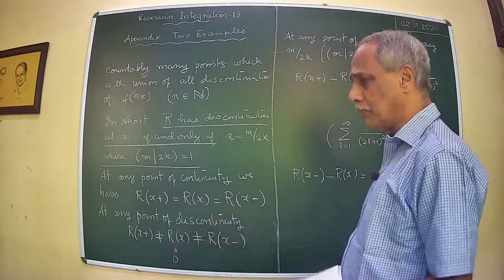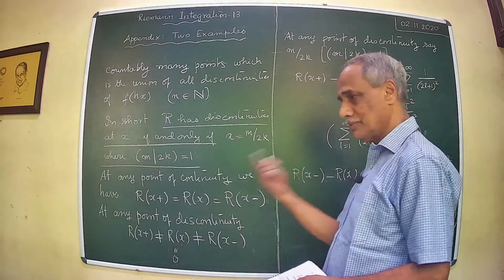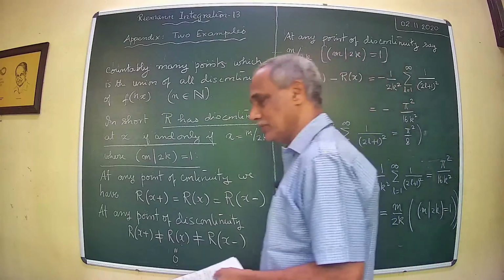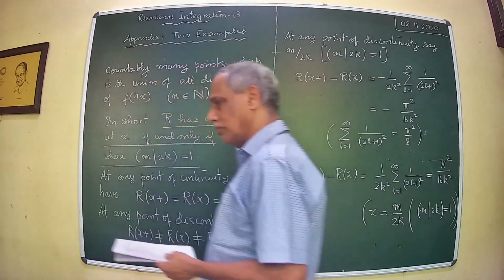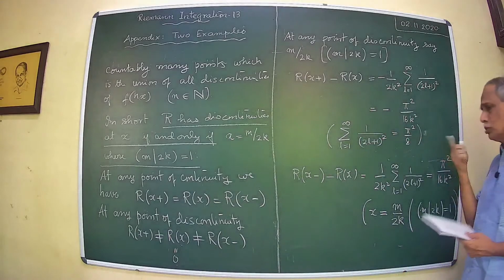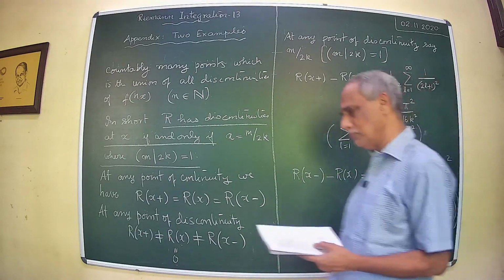See, 1 is not a point of discontinuity, 0 is not a point of discontinuity, and so on, and at all those points the function takes the value 0.